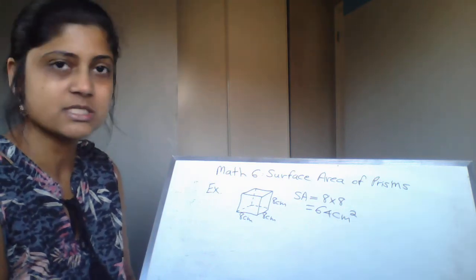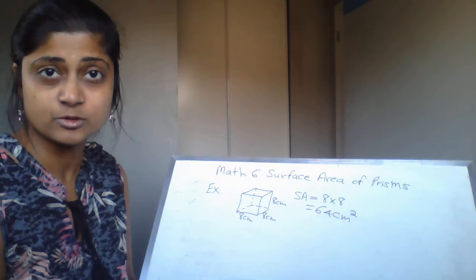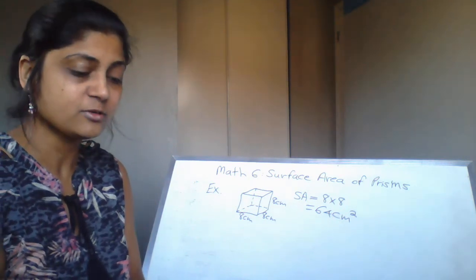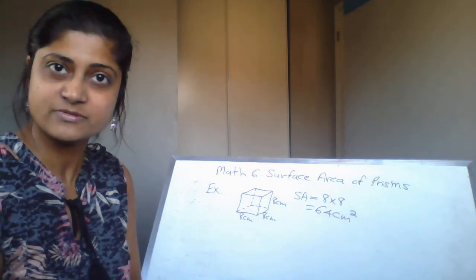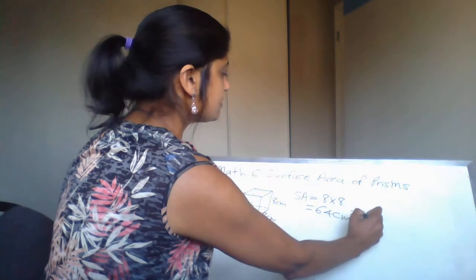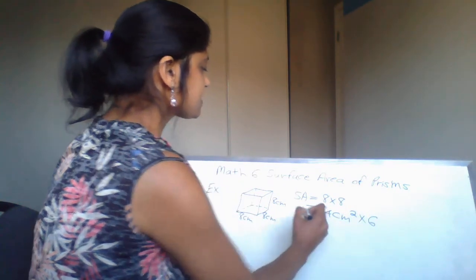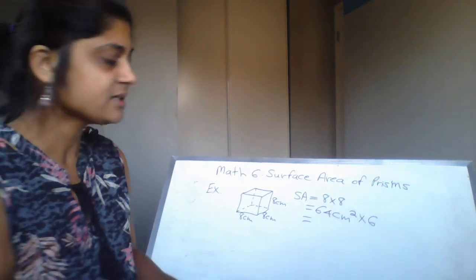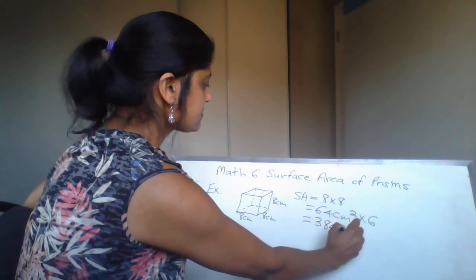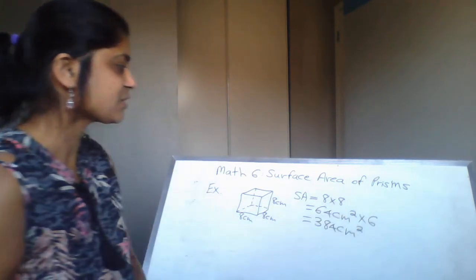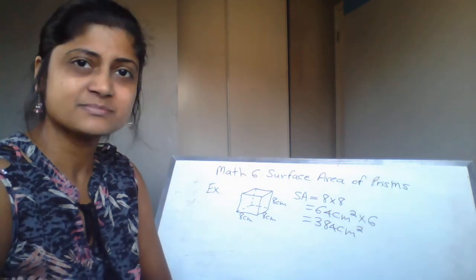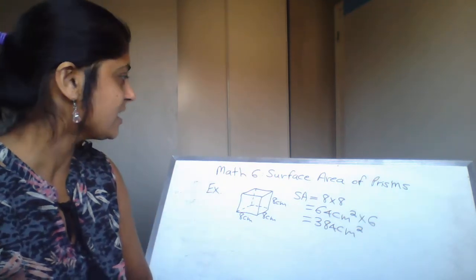Say I was just calculating the front of the cube. Because I know there are 6 surfaces, I can just take the 64 and multiply this by the 6 surfaces, and that's equal to 384 centimeters squared. Does everyone see how to do that? So that's all we're doing for the cube.